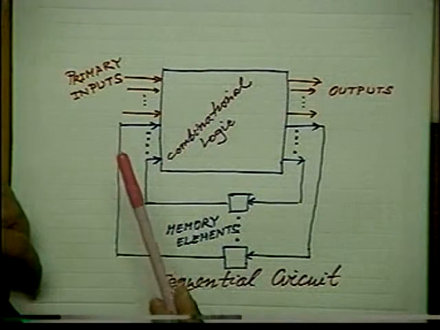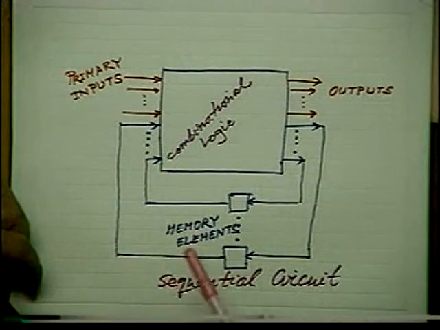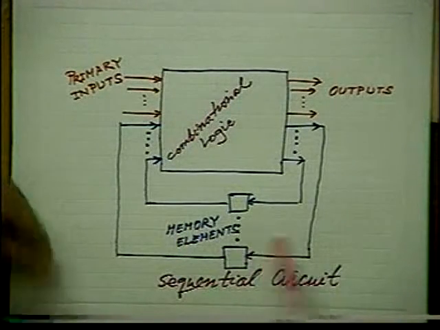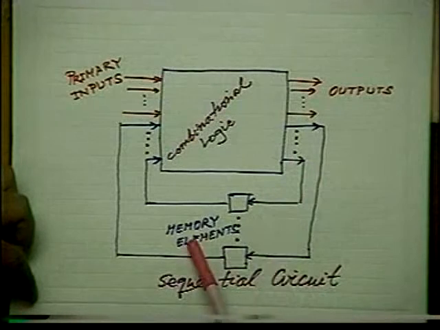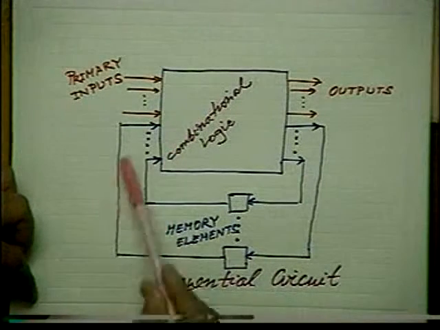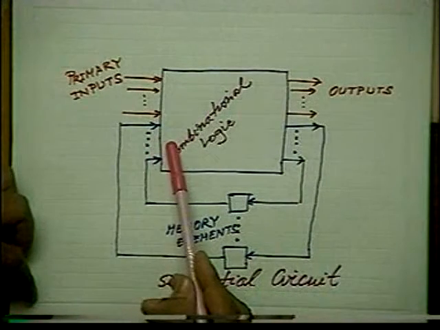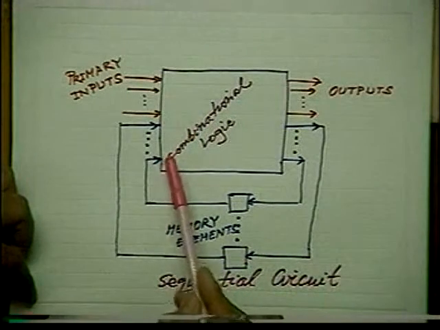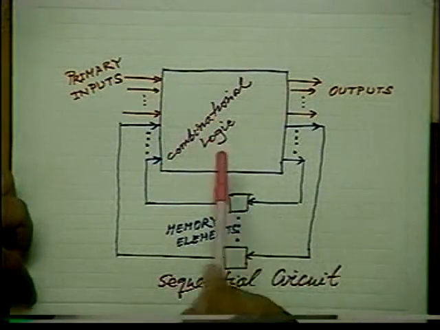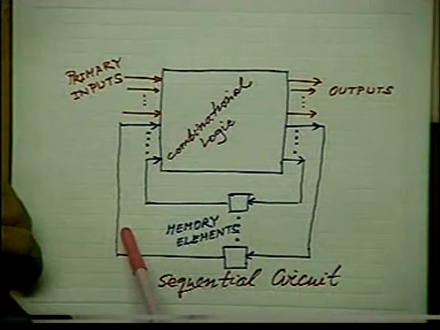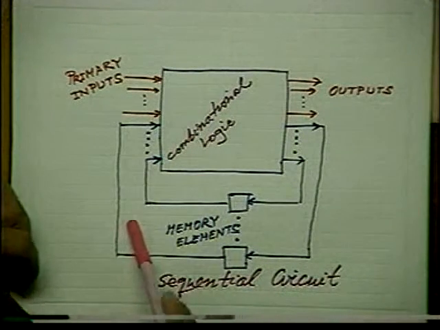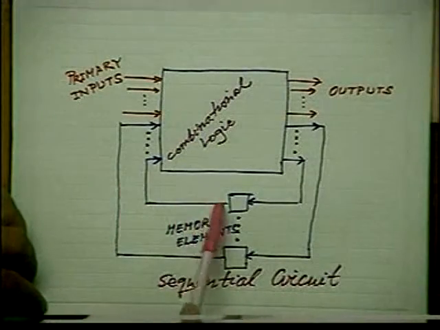That is the synchronous or clocked sequential circuit. In the case of an asynchronous sequential circuit, the output automatically gets fed back, the circuit changes and ultimately comes to a stable state. We'll talk about that stable state and those details when we come to it.